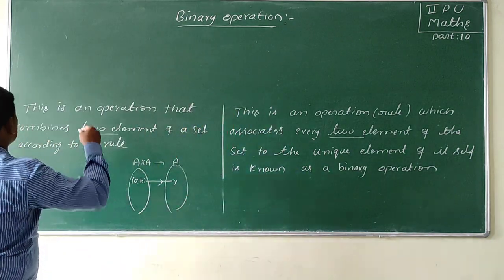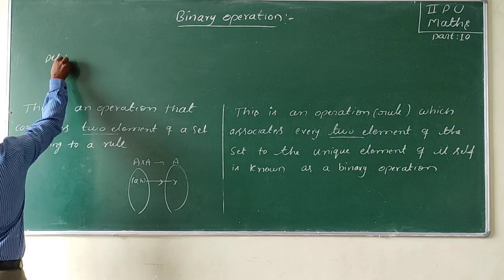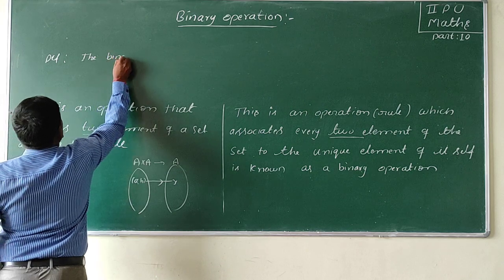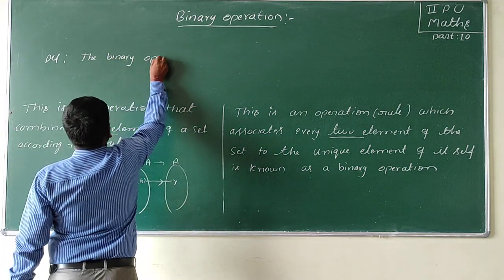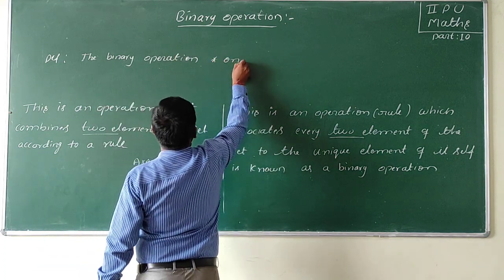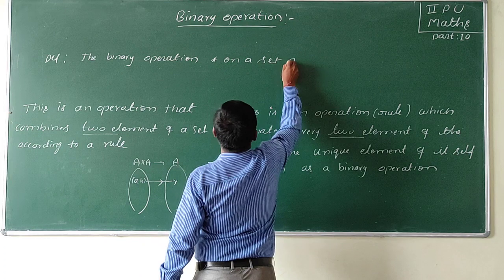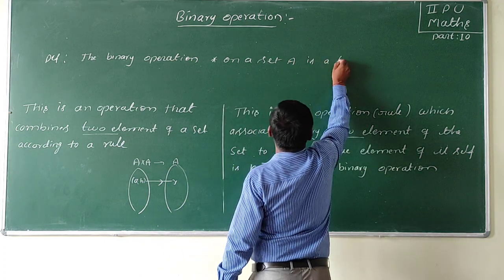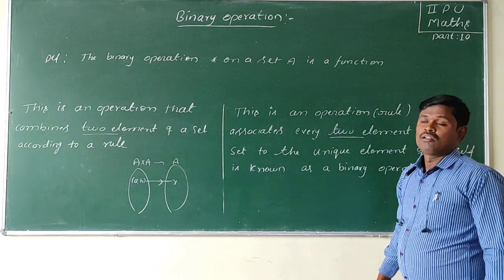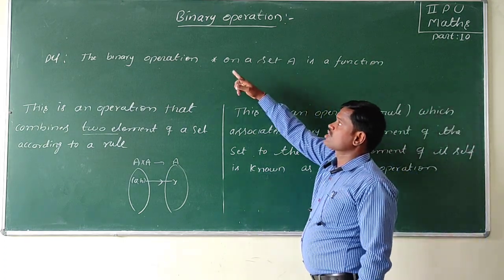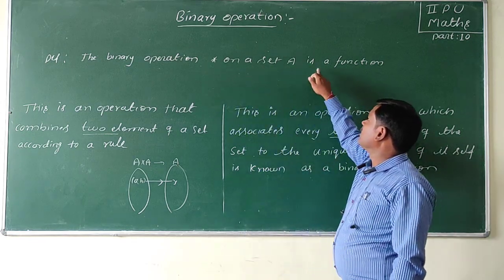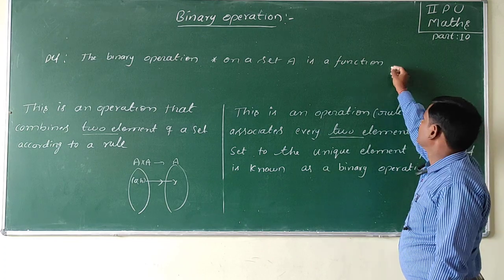Definition: a binary operation star on a set A is a function. So we are going to define it like a function. The binary operation star, we are taking symbolically star, on a set A is a function.